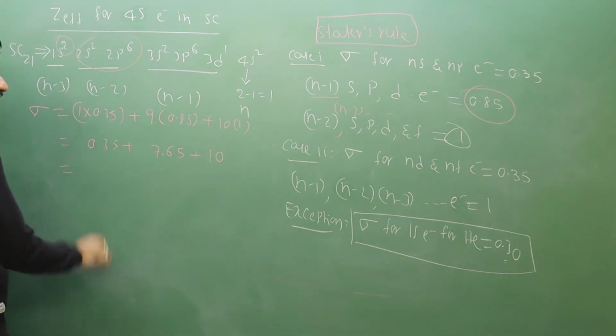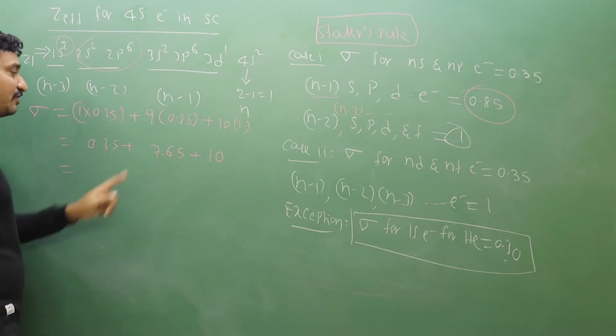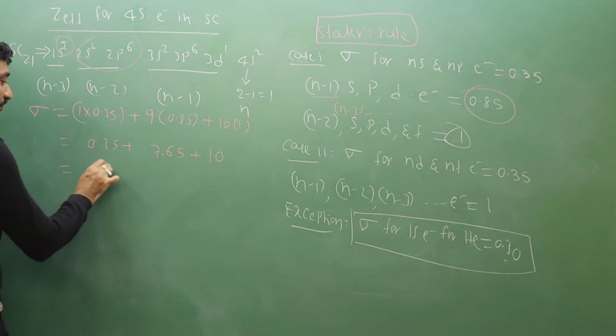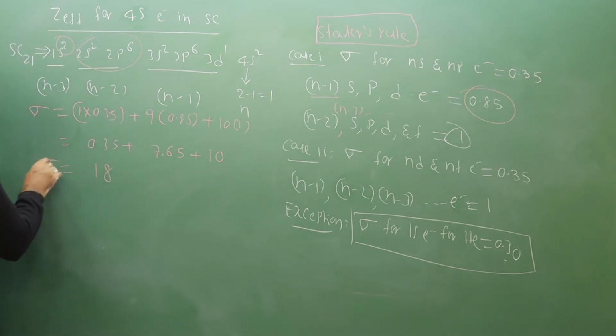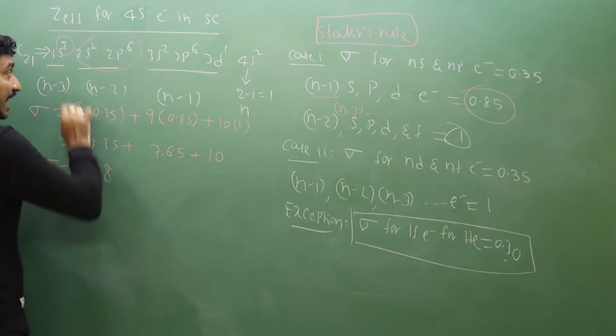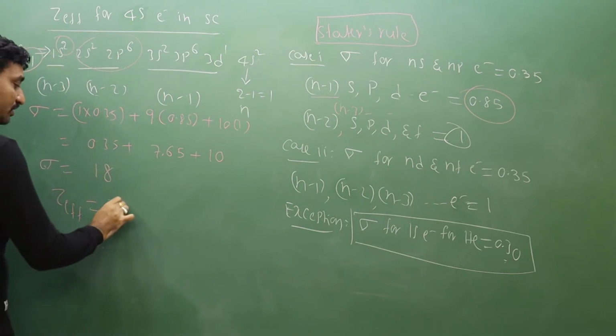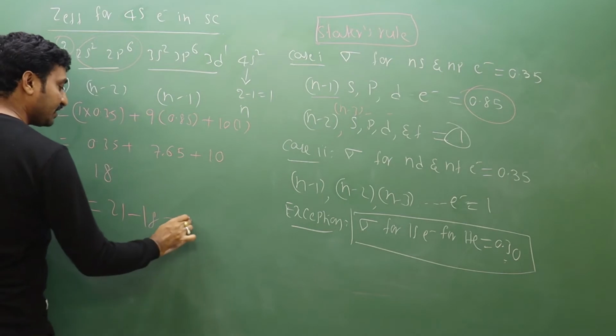So 0.35 plus 7.65 equals 8, and 8 plus 10 is 18. Sigma is 18. Then Z effective equals the actual nuclear charge, atomic number 21, so 21 protons minus 18. That is equal to 3.